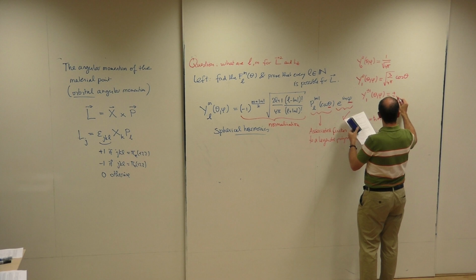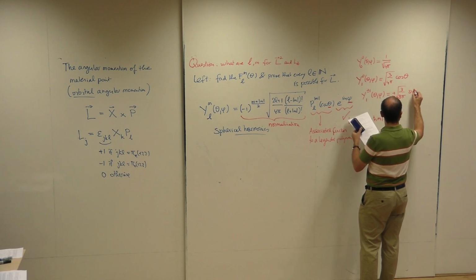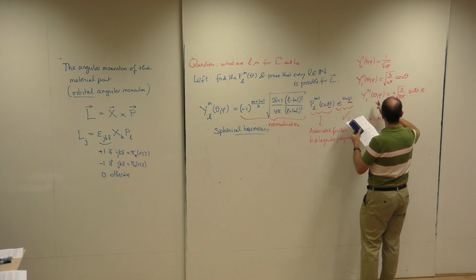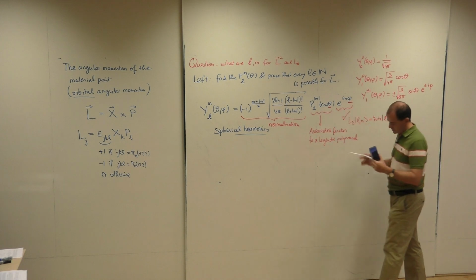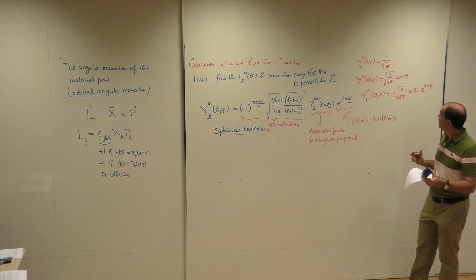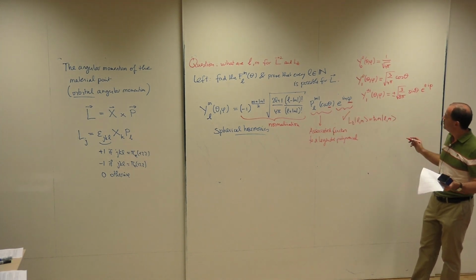For convention, there are some global signs here, and then sin theta, and of course plus or minus i phi in the exponential. The other ones become more complicated.